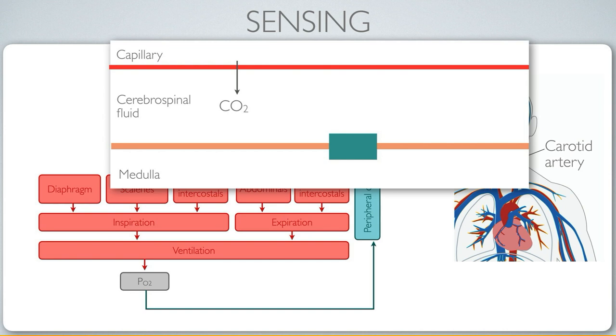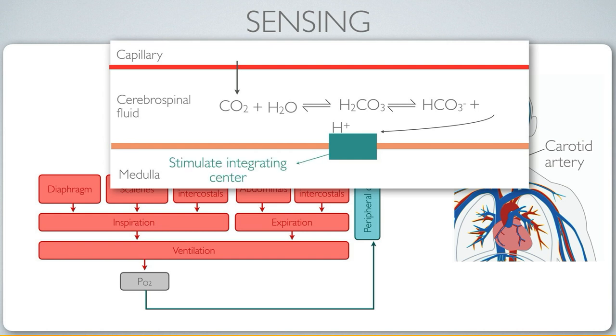That is, carbon dioxide can be converted into first carbonic acid and then ultimately bicarbonate and protons. So that's going to lower the pH. The protons produced by this reaction are then detected by receptors in the medulla. And that's going to stimulate the integrating center, which I'll describe in a moment.